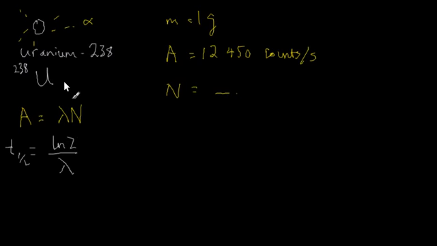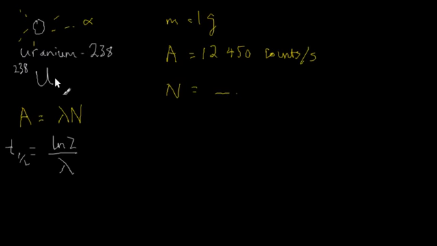Now there are two ways to find n. One way is to find the mass of one atom or one nuclide. We can do that if we take 238 and multiply by the atomic mass unit. Then we take 1 gram and divide by the mass of one atom, and we can get the answer.